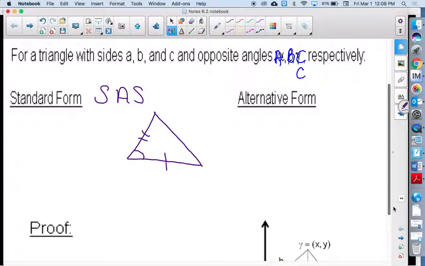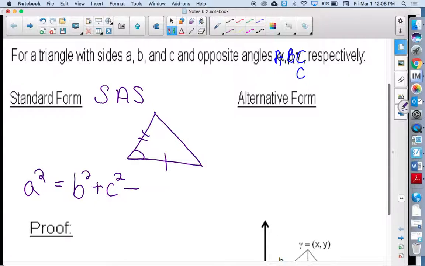And the law of cosines says the side you're finding, that's what A is going to represent. So the side we want to find, pretty much the side we don't know, is equal to the other two sides that you're given. B squared plus C squared. I need to let Pythagorean do. So I'm going to solve for my third side using the other two sides and squaring them, adding them together.